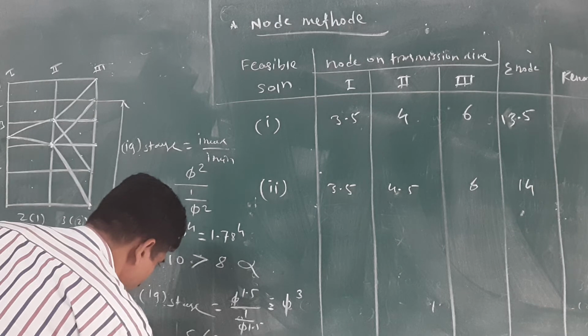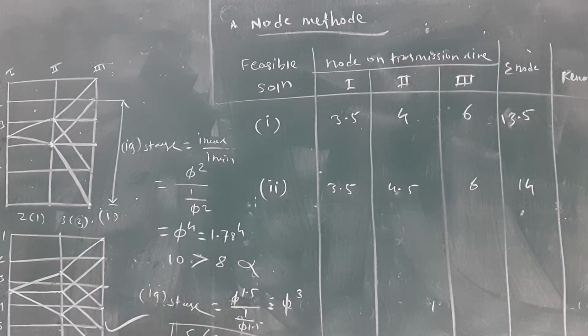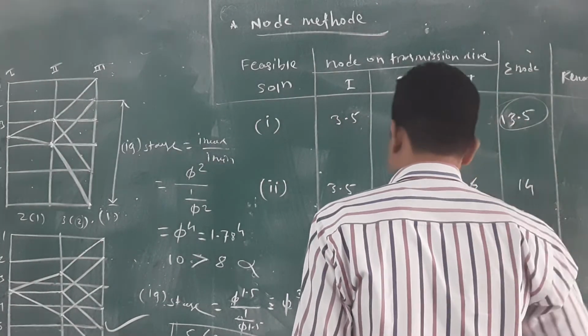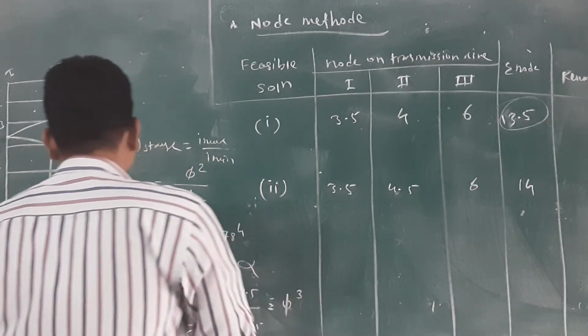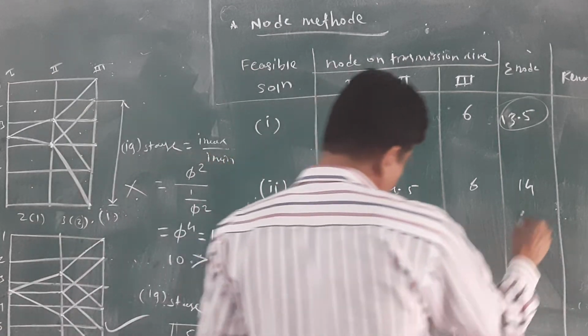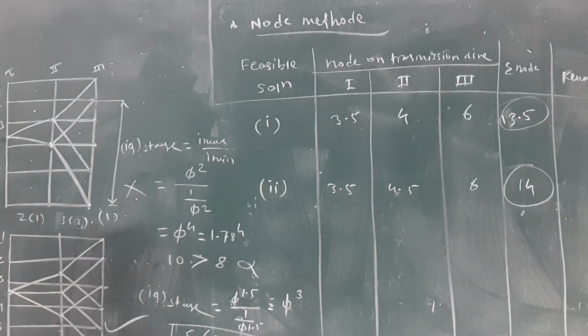This is less than 8. This condition is satisfied. Which condition is satisfied? Second one. That's why here the summation of node is less, and also the IG stage is satisfied. Okay, that's why you will get the feasible solution is the second one. Second one is the feasible solution.